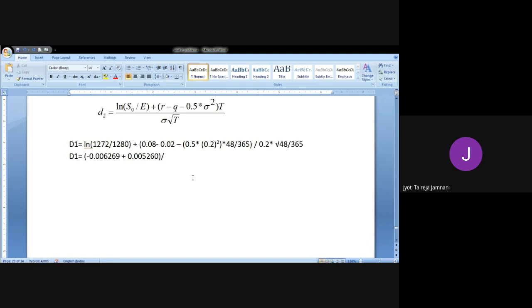Divided by 0.2 into square root of 48 divided by 365, 0.0725.